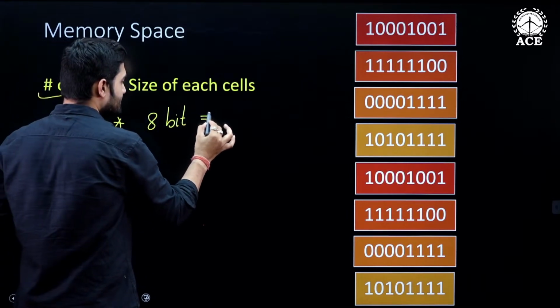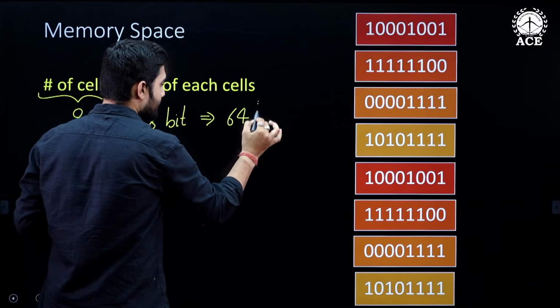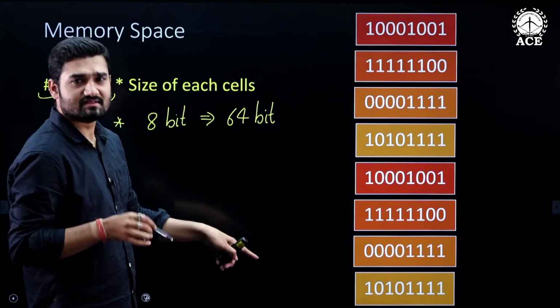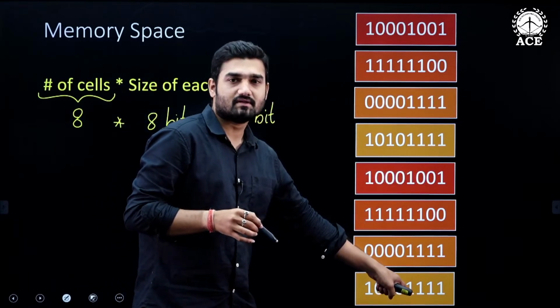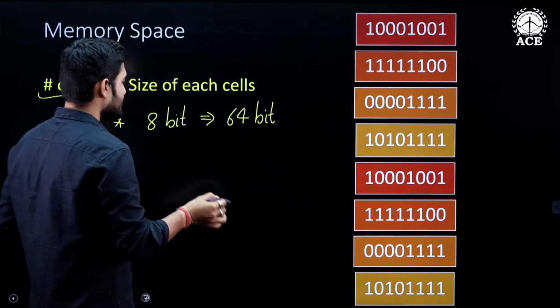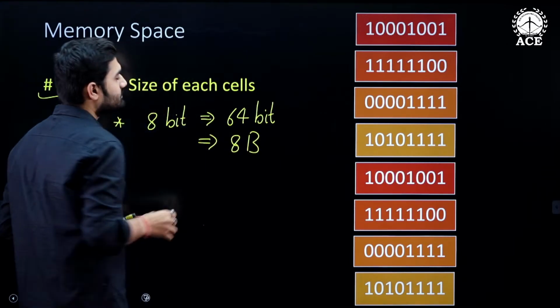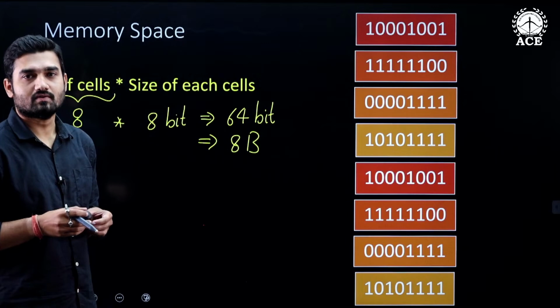That means it is nothing but 64 bit. The memory space is 64 bit. That means literally it is storing 64 bit. Or in other words, I can say it is nothing but 8 byte. Yes or no?